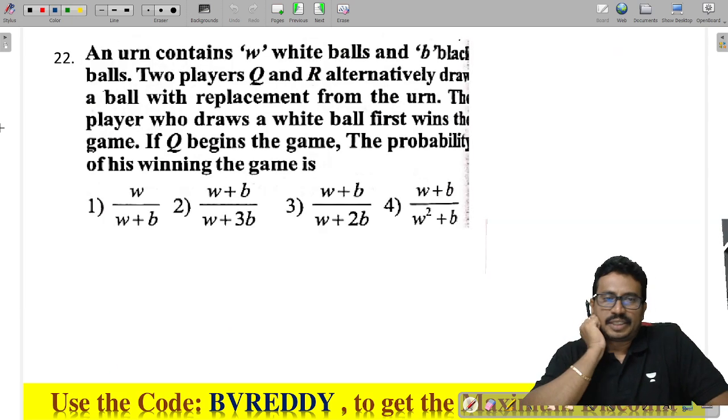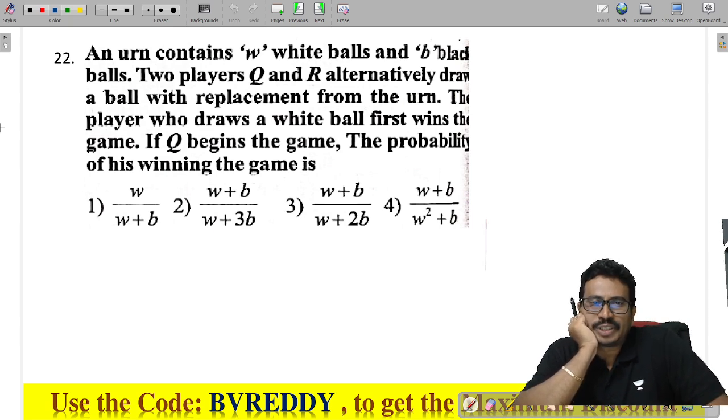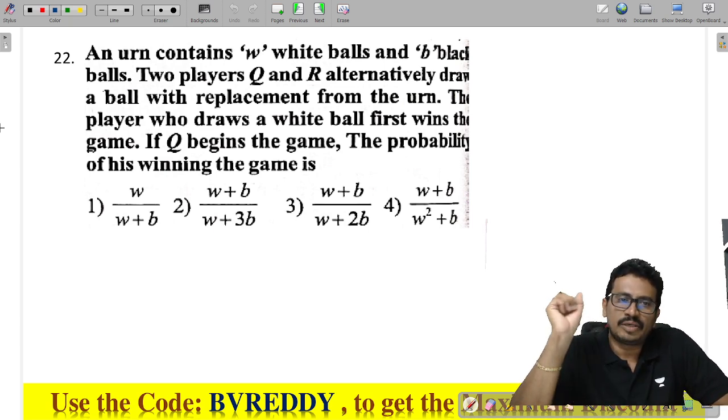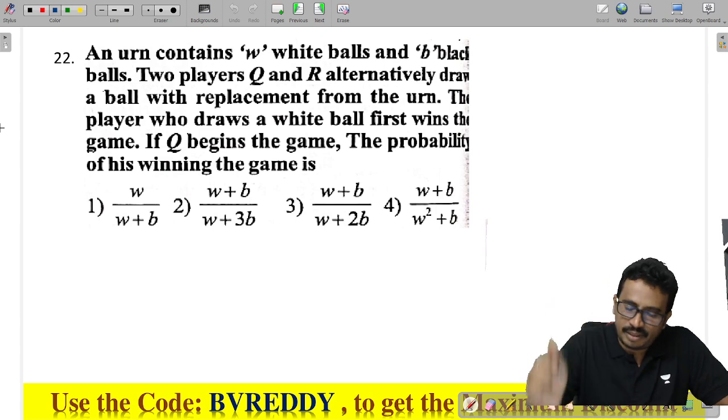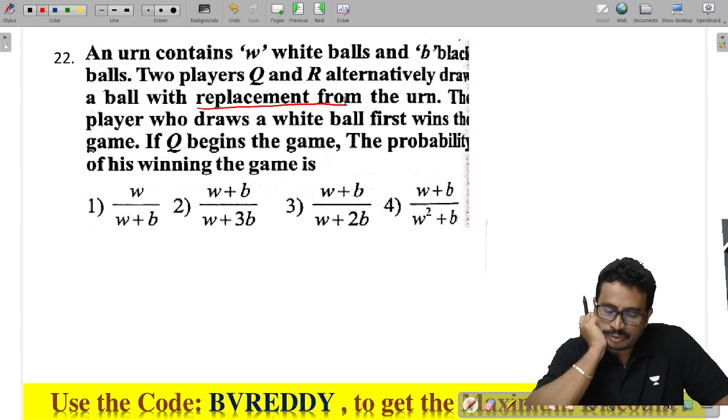Right. Now, chalo, let's see the next problem. An urn contains W white balls and B black balls. Two players Q and R alternately draw a ball with replacement. The player who draws a white ball first wins the game.